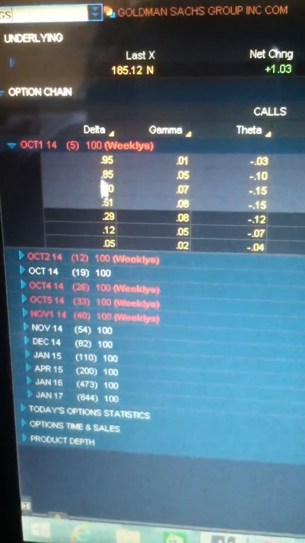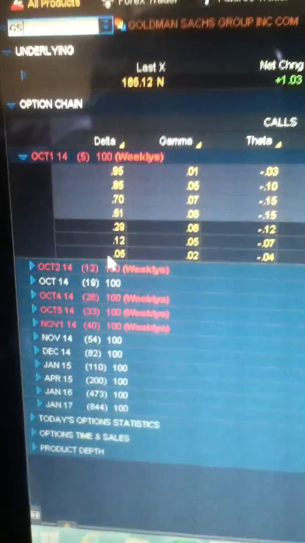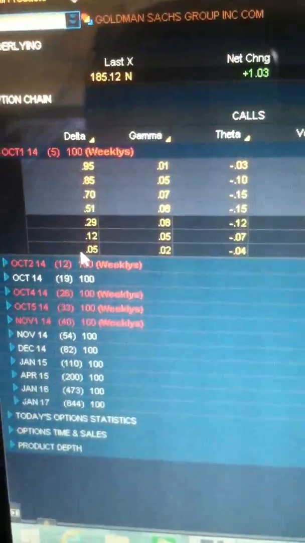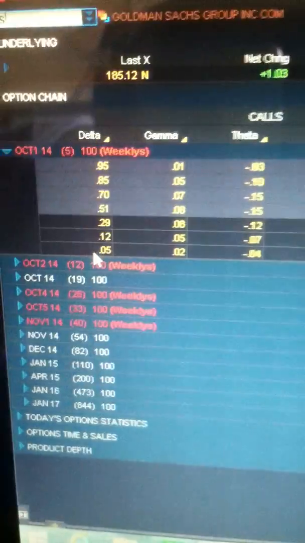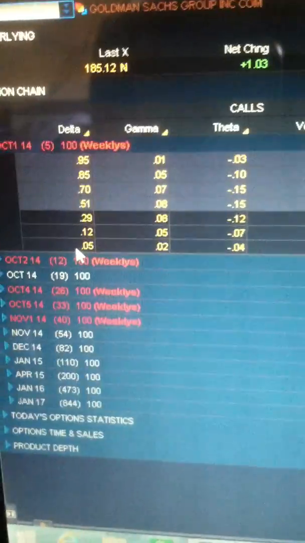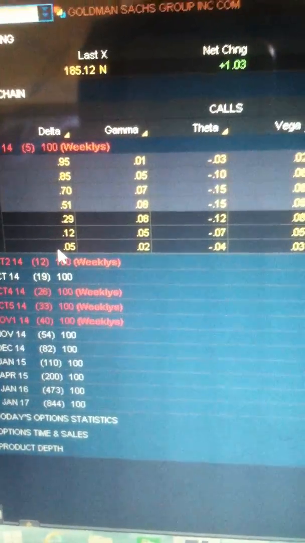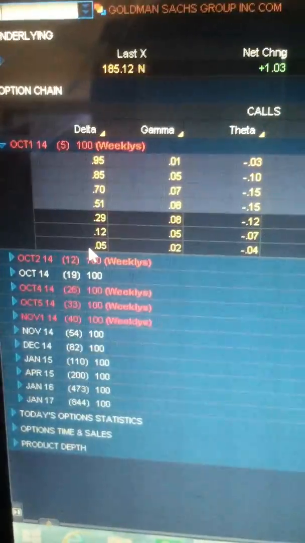So, first things first, delta. Delta can be described as the probability of the option expiring in the money, and more importantly, for day trading purposes, it can also be described as the move in the contract for a 1-point move in the underlying, or a $1 move in the underlying.